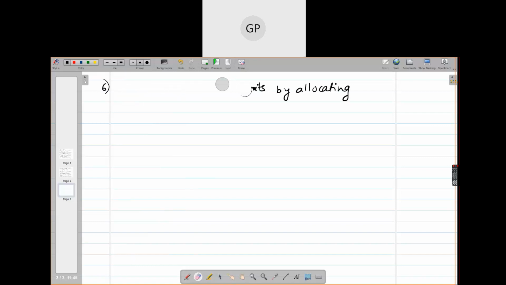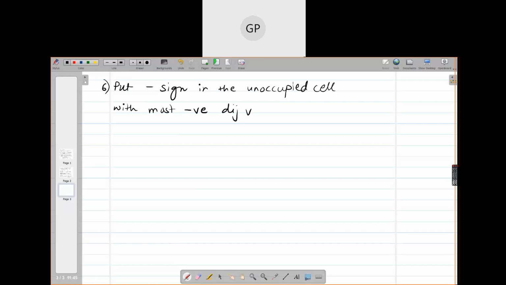Let me just formulate it properly. What you can do is put a minus sign, negative sign, in the unoccupied cell with the most negative Dij value.